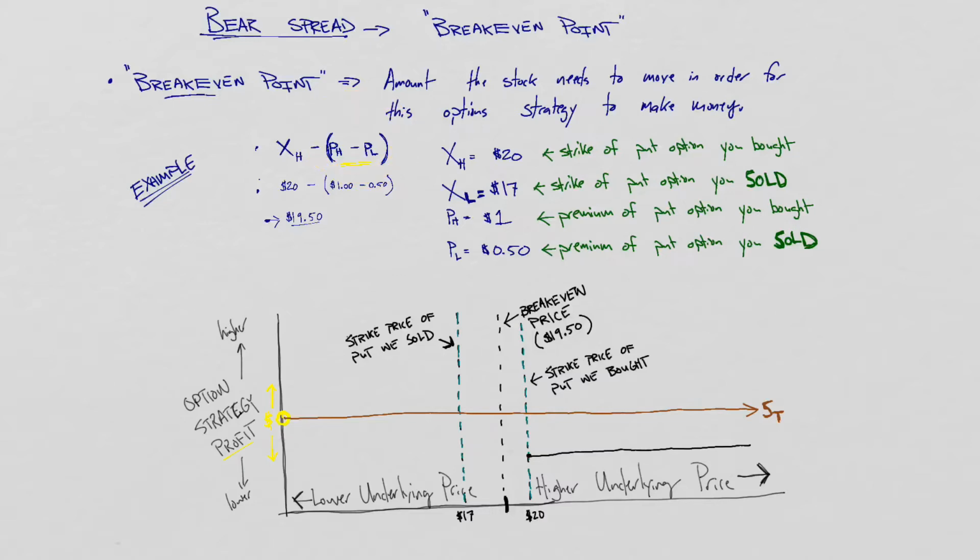And so we're not going to make money until the stock price falls below the break-even point, that $19.50 we looked at. That's plotted right here. At that point is where this option strategy will start to produce real profit for us.